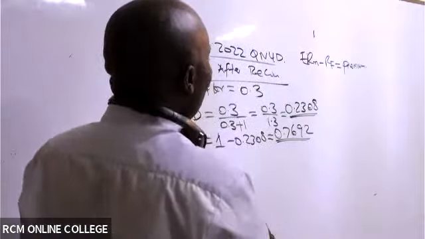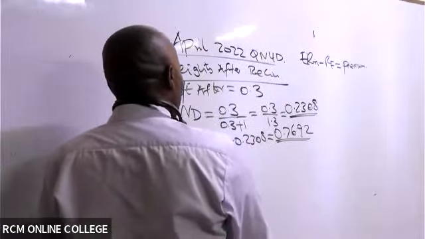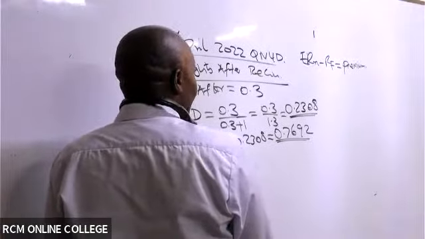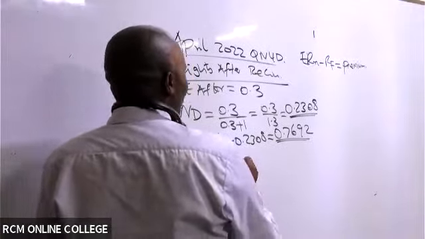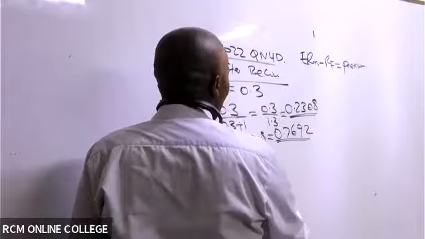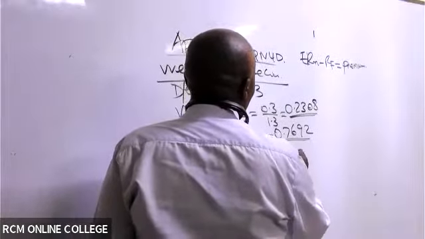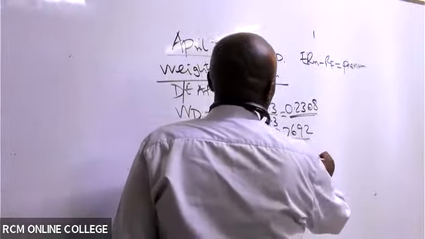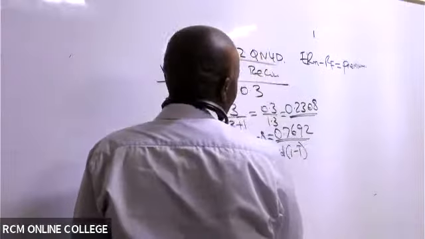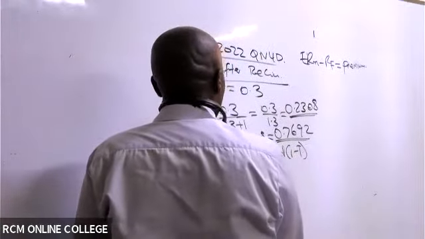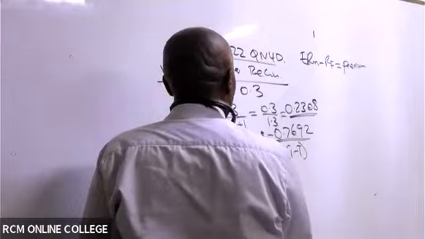0.7692. From there now, come and give us our WACC, which will be weight of equity times cost of equity, plus weight of debt times cost of debt, into 1 minus what here, somebody? T. So weight of equity, already we have it as 0.7692.